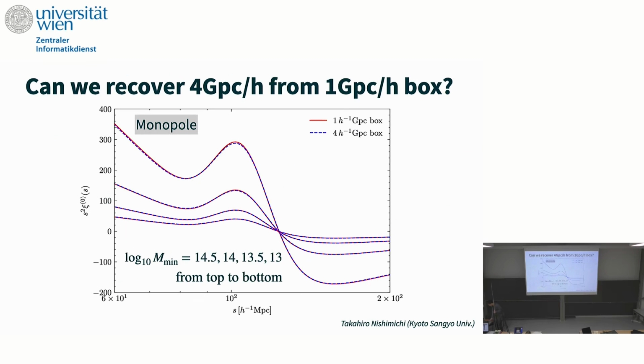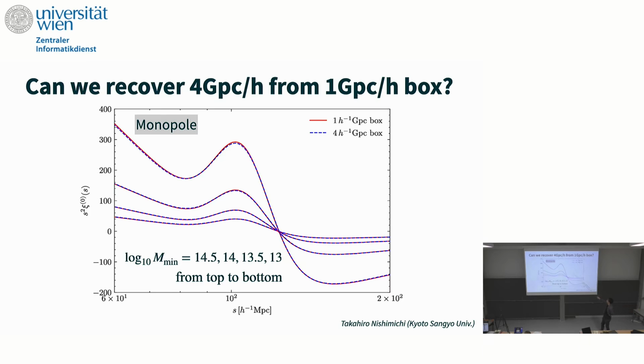Finally, what we want to do is to run some simulations to resolve very small scales, like ELGs, emission line galaxies. With Fugaku, it's still a bit difficult to have a 4 Gpc box size. So our main target is a 1 Gpc simulation with many particles, or maybe 2 Gpc.